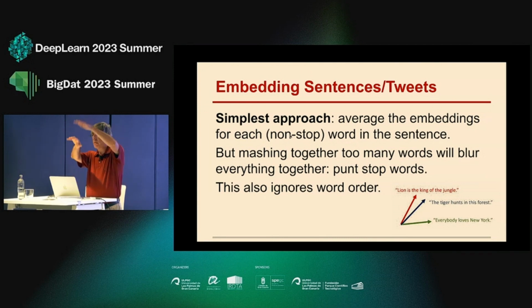If it's a 300-dimensional vector and you've got 10 words in the sentence, you produce a representation for what the sentence means by averaging, for each column, the 10 words in it.